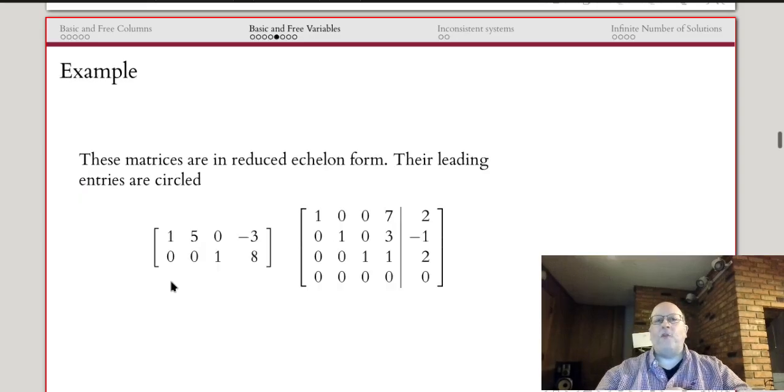These matrices are in reduced echelon form. It says their leading entries are circled, but I didn't do that. I'll circle them now. These are the leading entries in the first matrix. Both leading entries are equal to 1.